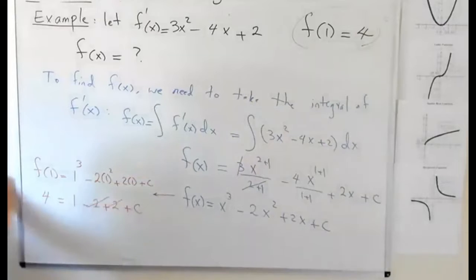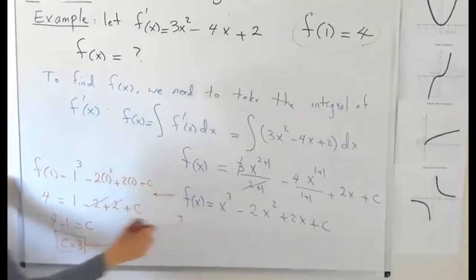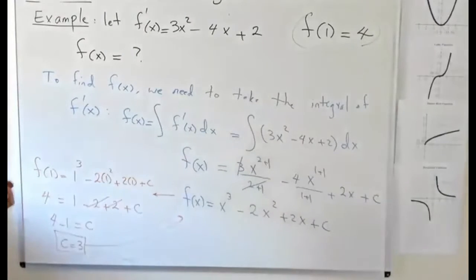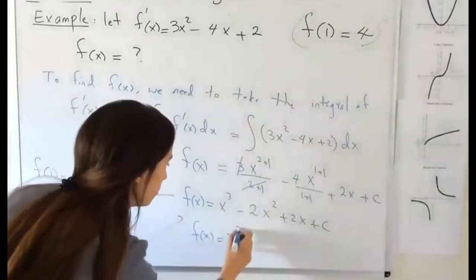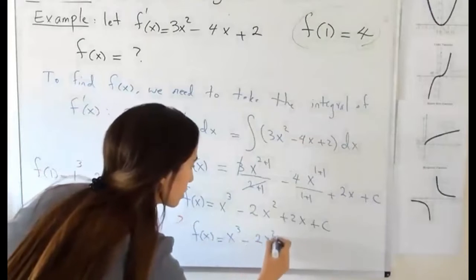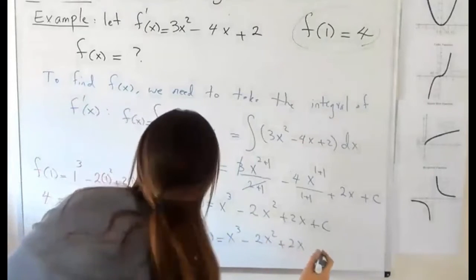Luckily for us, we have 2 minus 2, which is 0. If you subtract 1 from both sides, you get 4 minus 1 equals c, or c is equal to 3. So let us get back to the function. Our function is equal to x cubed minus 2x squared plus 2x plus 3.